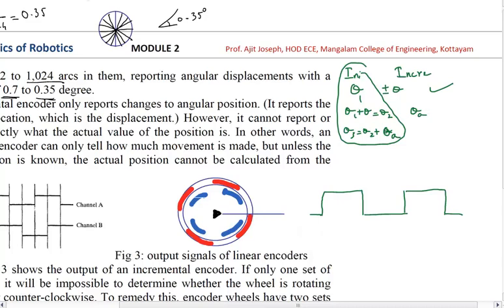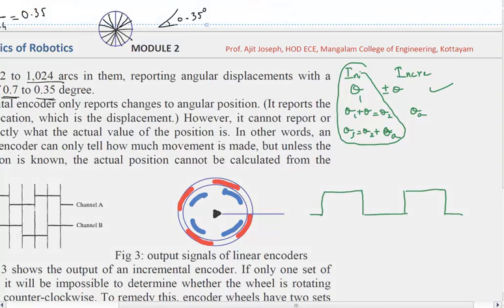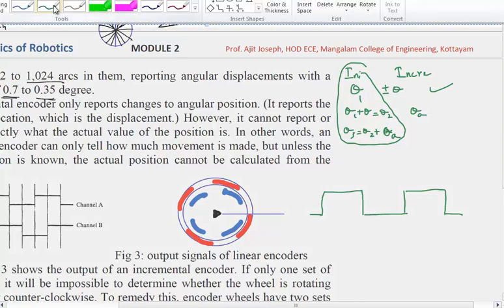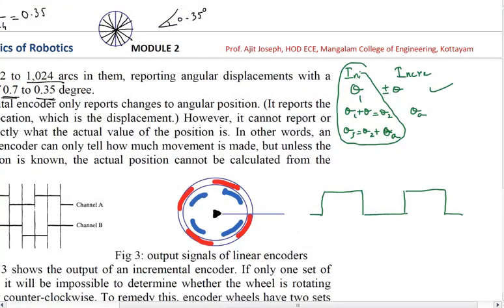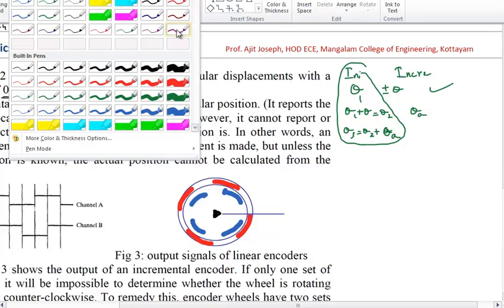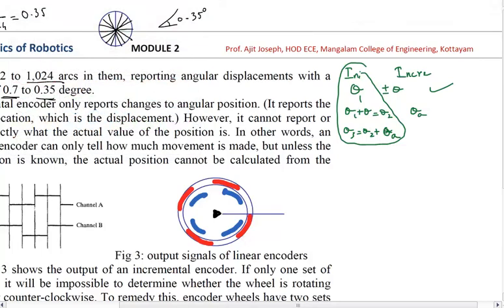Now I will not have one pulse, but two pulses. That means I will have two lights. One is for the outer circle and the other one is for the inner circle. So again I am going to go 120 degrees in clockwise direction.